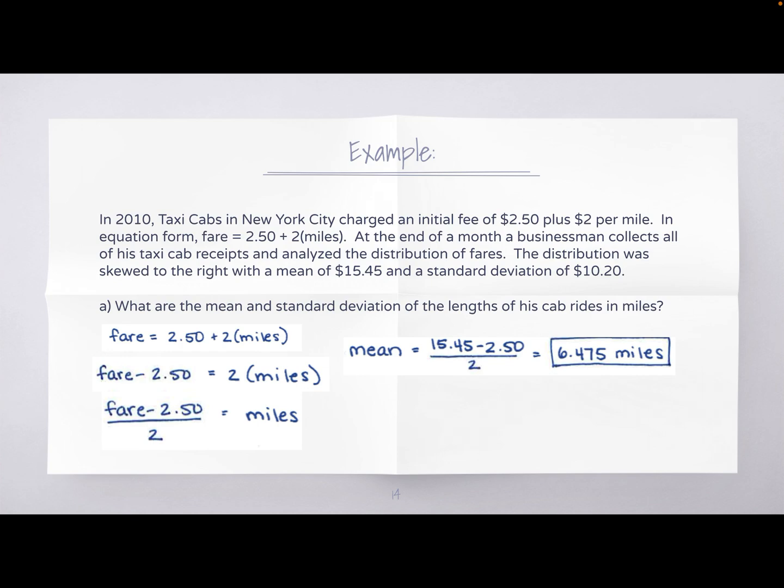That is our mean. So we had to subtract and divide. Standard deviation is 10.20 divided by 2. So that's 5.10 miles. So that's our standard deviation.